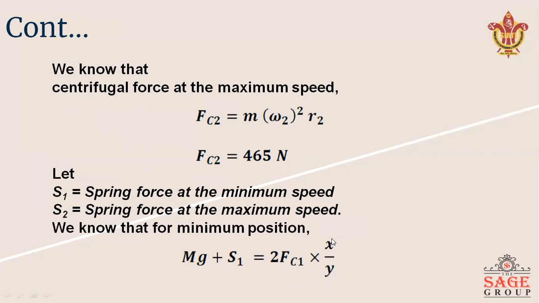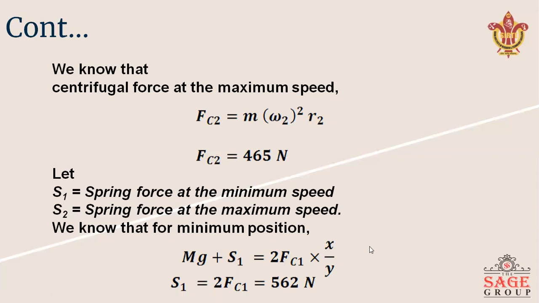Here x is equal to y, so x upon y is equal to 1. The value of capital M is very small compared to S1, so we neglect M. So S1 is equal to 2Fc1, which is equal to 562 Newton.